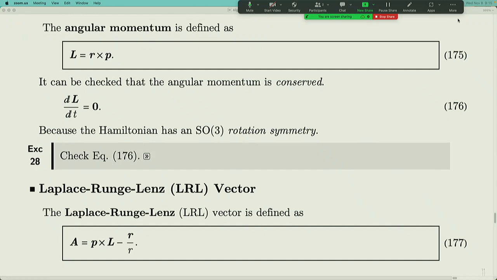And the word special simply means another condition, which is that the determinant of this matrix is 1. Why is that important? Because there are also some transformations, for example, if you flip the x direction to the minus x direction and keep the y and z directions unchanged, that's also an orthogonal transformation, but that's not special. That kind of transformation has determinant -1.